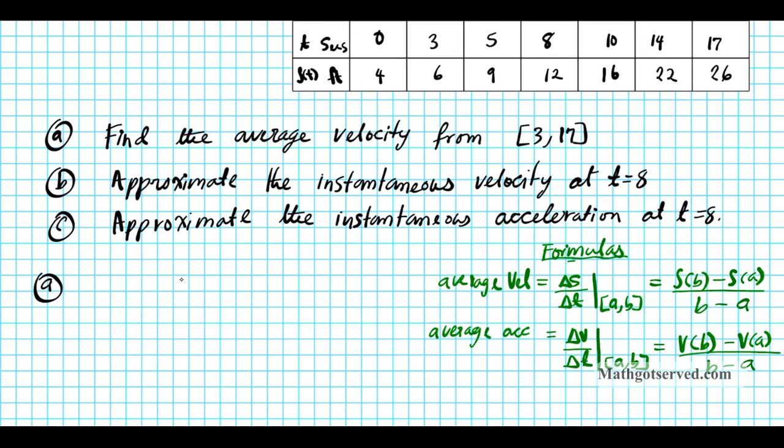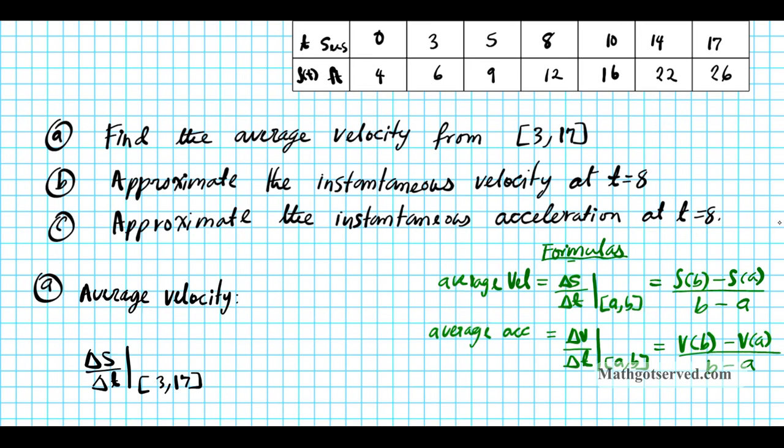Alright, so part A asks us to find the average velocity on the interval 3 to 17. So let's write that down. Average velocity. The average velocity is basically given by, let's use this formula right here, delta s over delta t evaluated from 3 to 17.